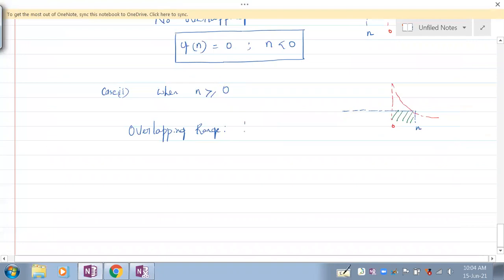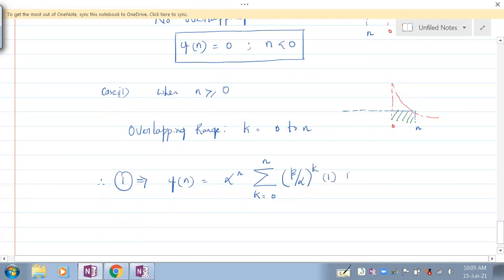So the overlapping range is k ranging from 0 to n. Therefore, equation number 1 becomes y of n equal to alpha to the power n outside, then within the summation, where k now ranges from 0 to n because the overlapping range is that, you have (beta by alpha) to the power k, and the other two unit step functions are 1.